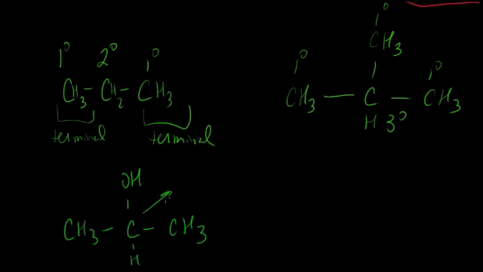This carbon here is a secondary carbon, so this is going to be a secondary alcohol, an alcohol on a secondary carbon, and it behaves a lot differently than a primary alcohol, where this oxygen is on a carbon that is only bound to 1 carbon. This would be a primary alcohol, because the alcohol is on a primary carbon. So hopefully you can see where we're going with that.